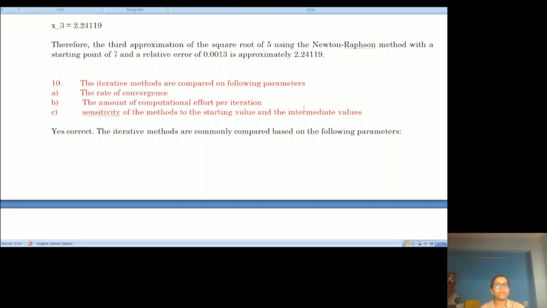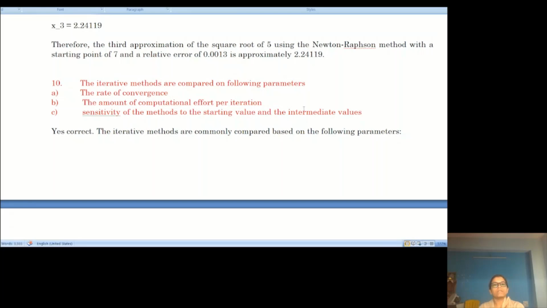For the second one, the amount of computational effort per iteration: considering the bisection method or any other method of iteration, in bisection we put a lot more computational effort per iteration. For other methods, we do not have to do as much computation as in bisection.